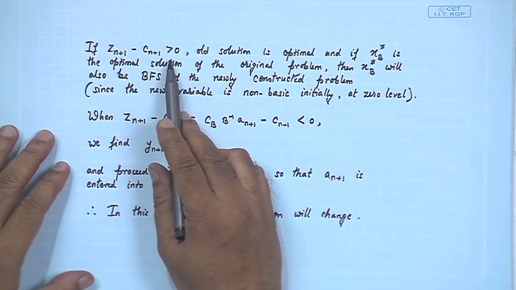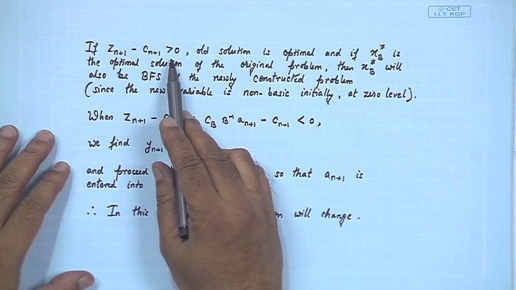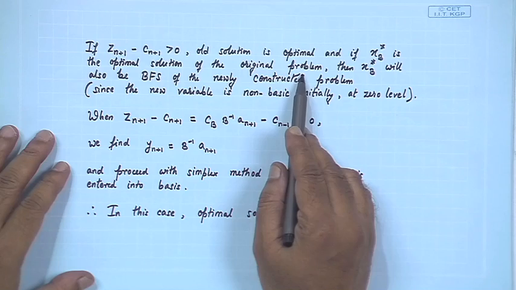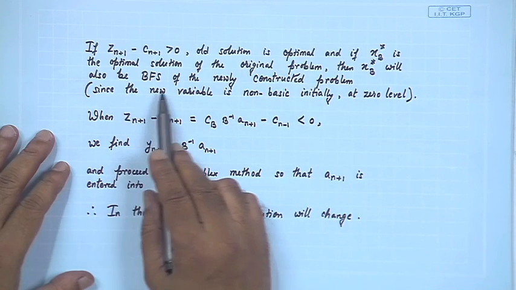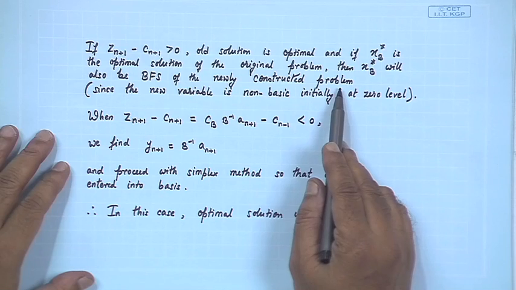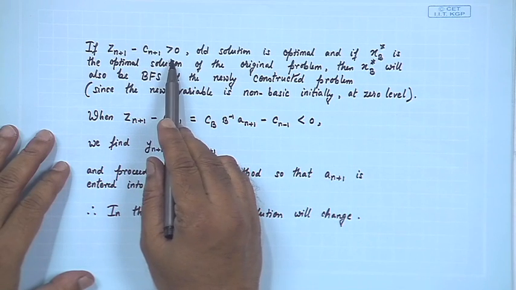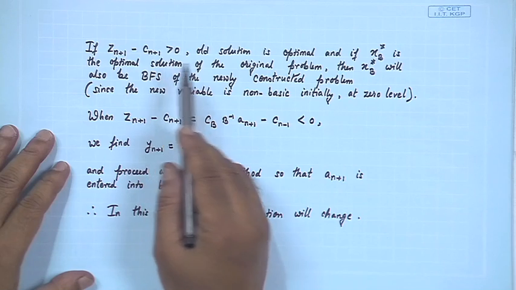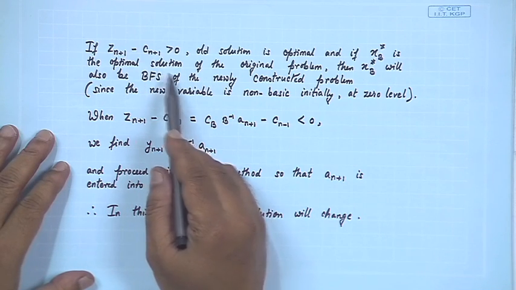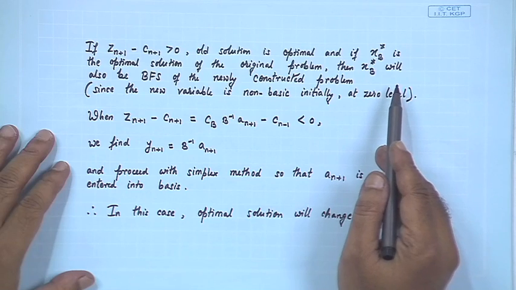This is also satisfying the optimality condition for the new variable, and if B star is the optimal solution of the original problem, then B star will also be the basic feasible solution of the new problem. So, if Z n plus 1 minus C n plus 1 greater than 0, then old solution will remain the optimal solution of the new problem also.